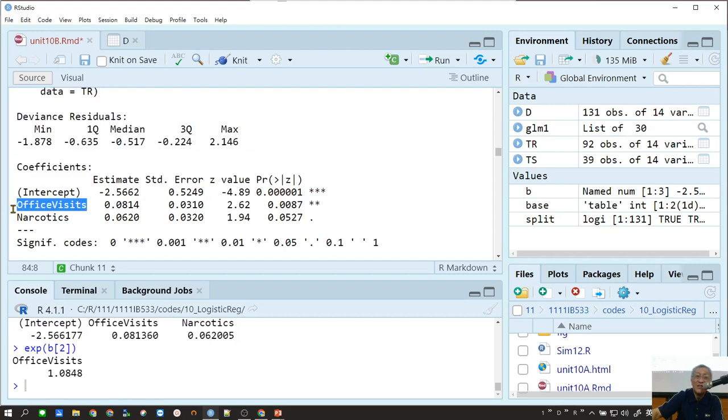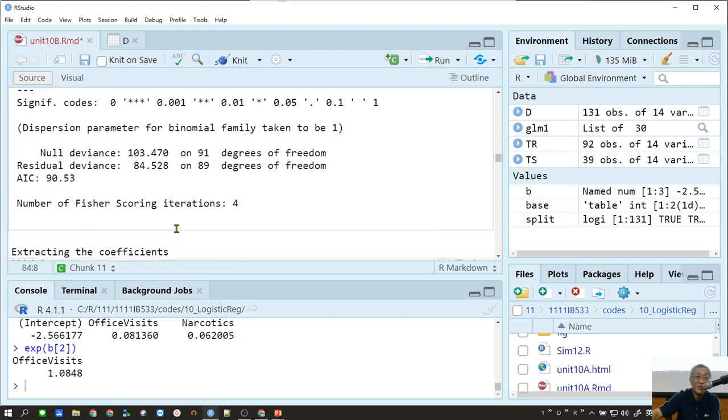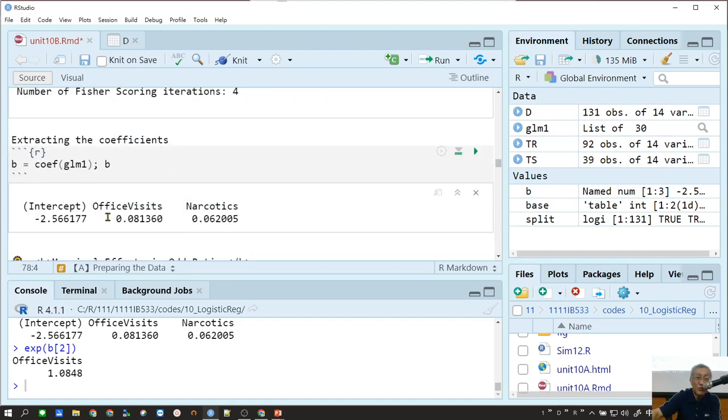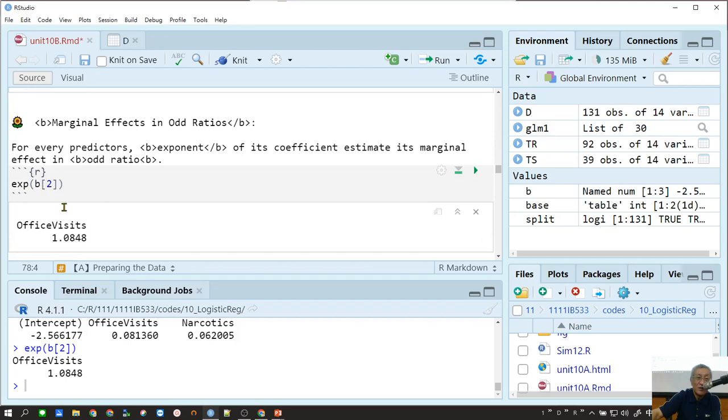If the office visit is increased by 1, then the odds ratio of poor care would become 1.0848, okay? Which means that you cannot use the coefficient directly.